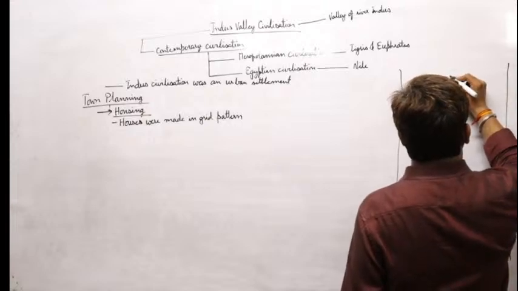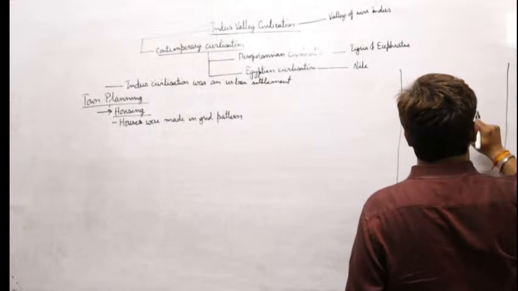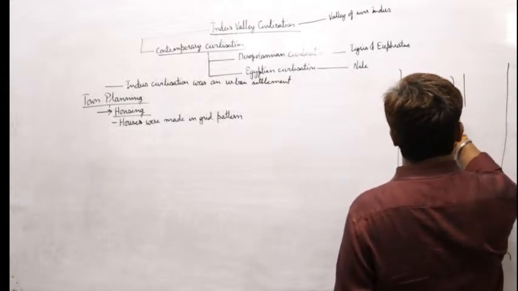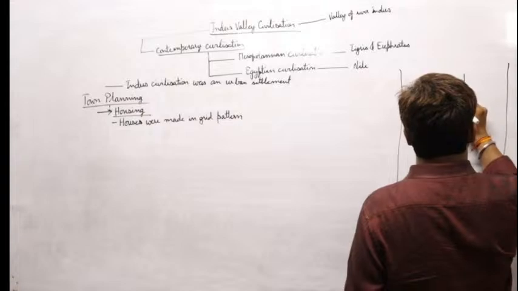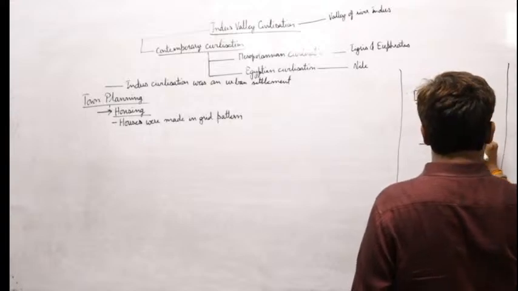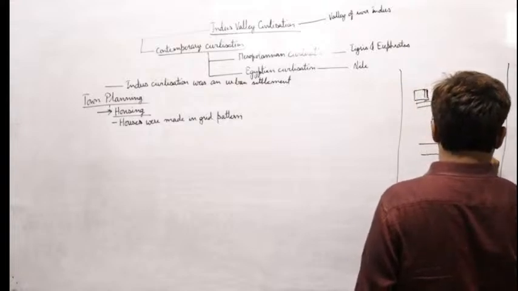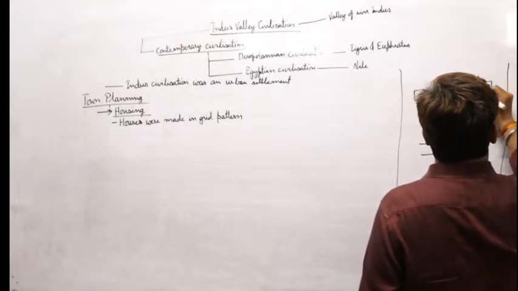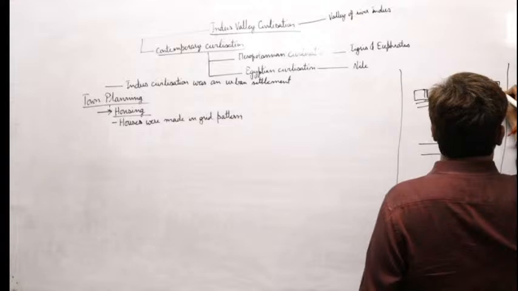This is the main street. Houses, they followed a grid pattern, which we can see even today.